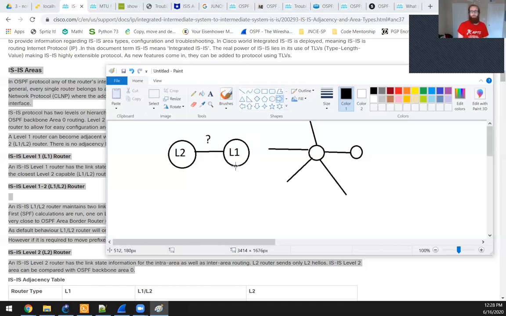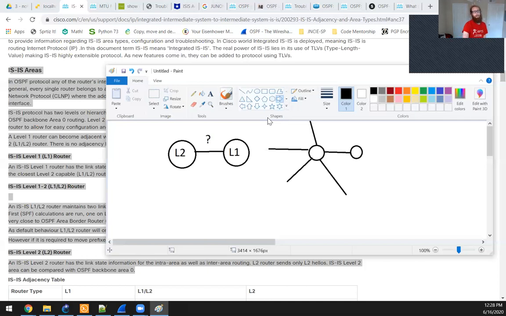You can only specify what the entire router is itself and not what certain interfaces are. So you could not connect a level 1 router to a level 2 router. But a situation like this, you can get around because you can say it's either a level 2 router or a level 1 router.